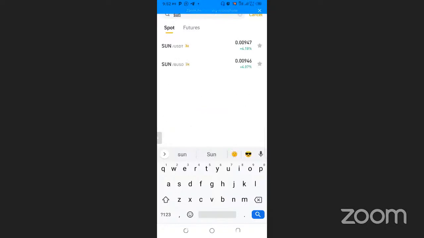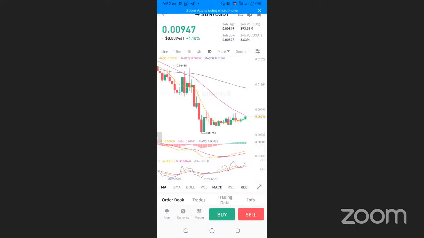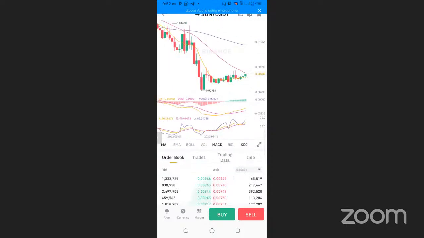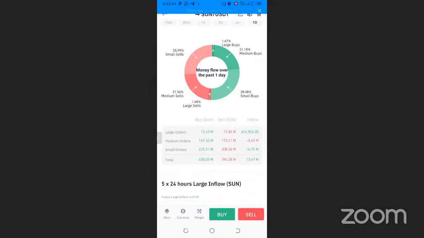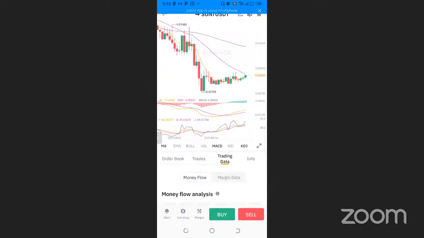So, okay, SUN, the all-time high is 0.00949, and we are having an all-time low of 0.89. And what is our market trade? Okay, yes.